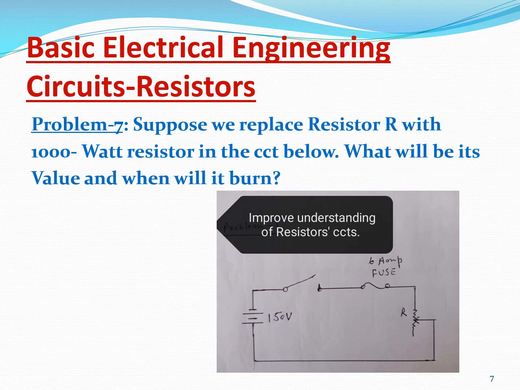Okay, because the current will not reach R. No doubt the current is more, 6.25, because we have increased the supply voltage from 150 to 175 volt, but R will never blow because before the current reaches the resistor R, the fuse will blow. Okay.